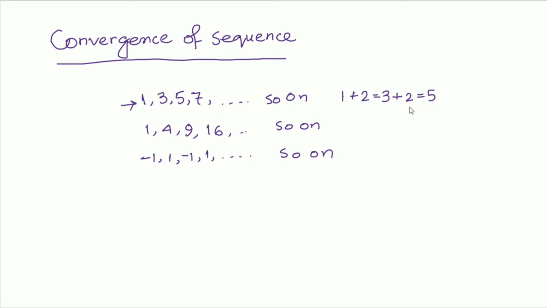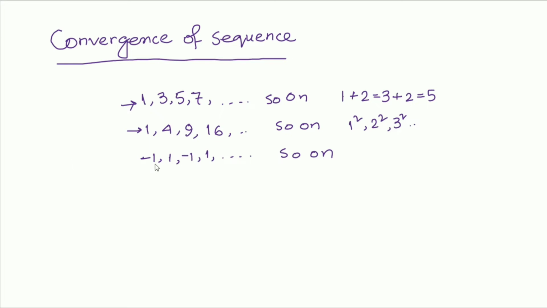So this is a pattern. For the second, the first term is 1 square, the second term is 2 square, which is 4, the third term 9 is 3 square, and so on. So this is also a pattern.